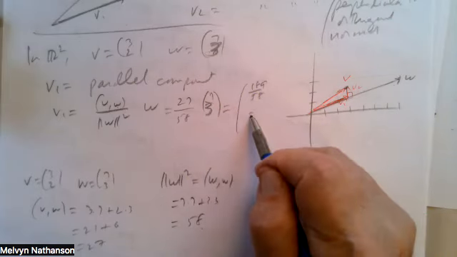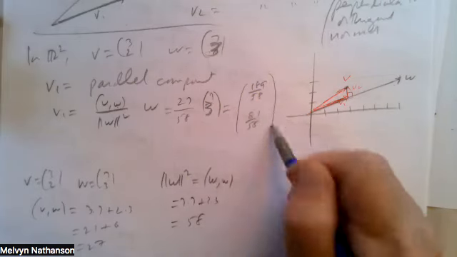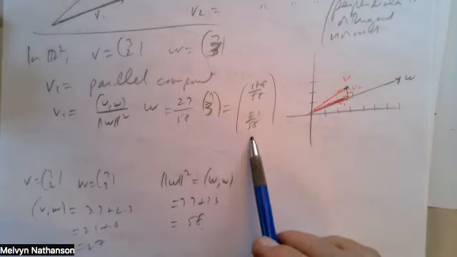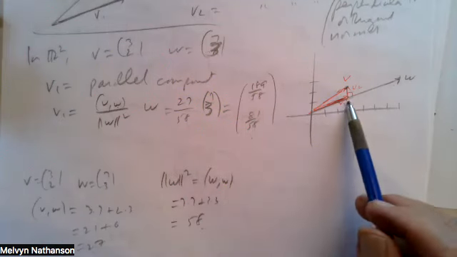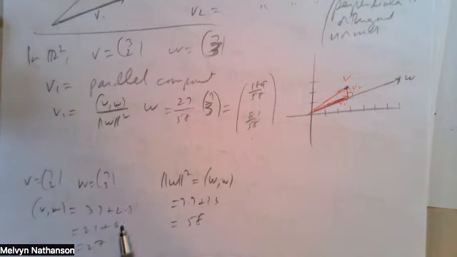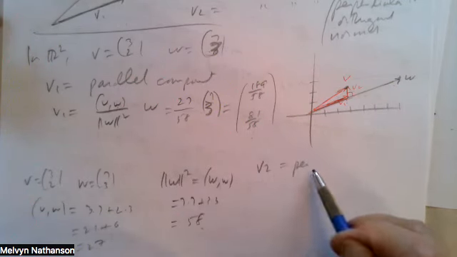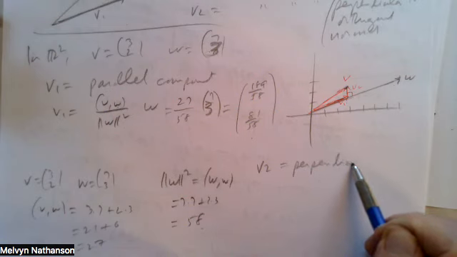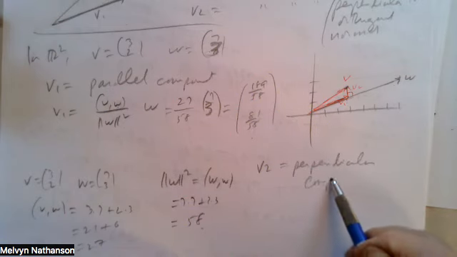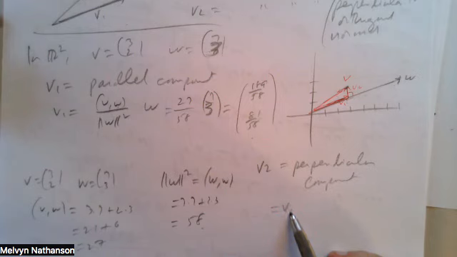And 3 times 27 is 81 over 58. So these are the coordinates of V1. And V2, which is the perpendicular component, is V minus V1.